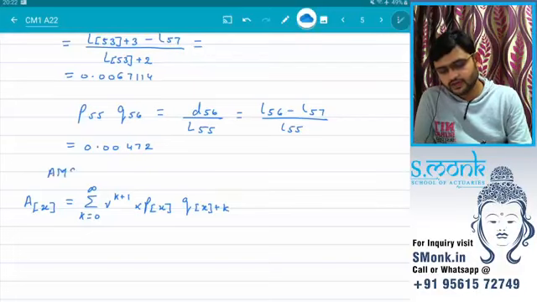For AM92, we know the select period is 2 years.